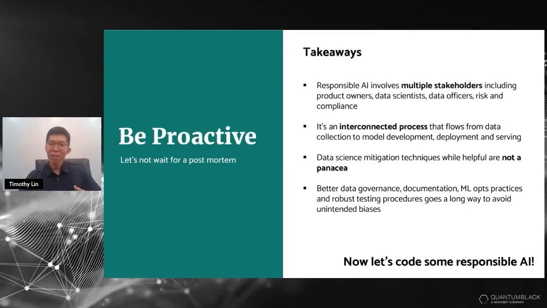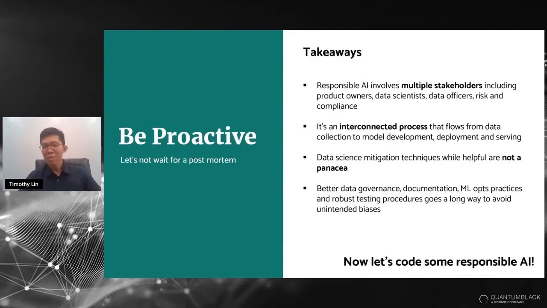The takeaways here are just some common sense points distilled from the 10 principles that I outlined earlier. Responsible AI practices involve multiple stakeholders that include product owners, data scientists, data officers, and risk and compliance teams. We have to take all their inputs together before we can come up with a proper pipeline and a proper approach to the problem.